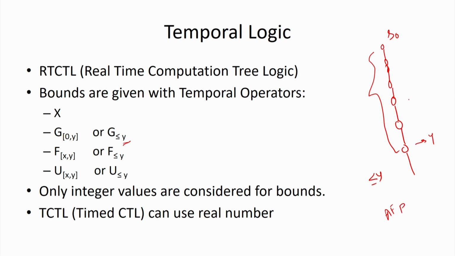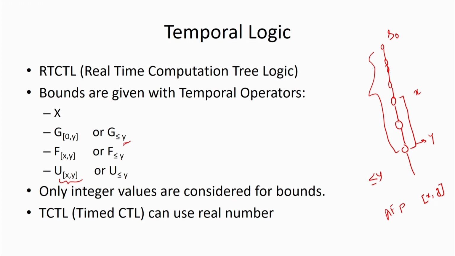Or if I give a bound like x and y, then P must be true within this particular bound. So, both are possible. Similarly, in case of until also I can give a bound, less than or equal to y, so within a range or maybe the total bound from the current state.